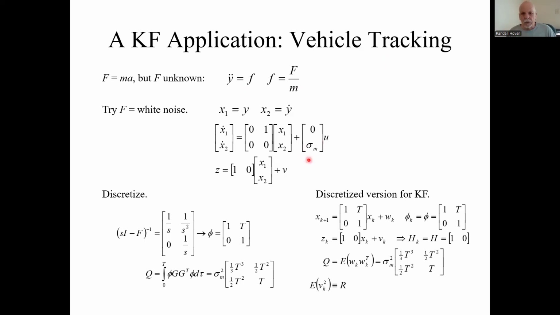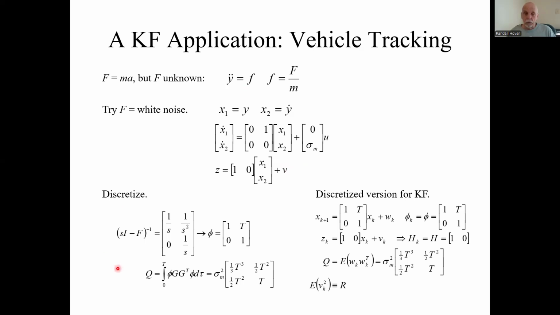And he has a kind of complicated model to come up with this sigma sub m that involved a mix of discrete and continuous random variables. But anyway, that's some kind of uncertainty on the acceleration or the force that's driving this vehicle. And then we measure just the position, and there's some error on our measurement.